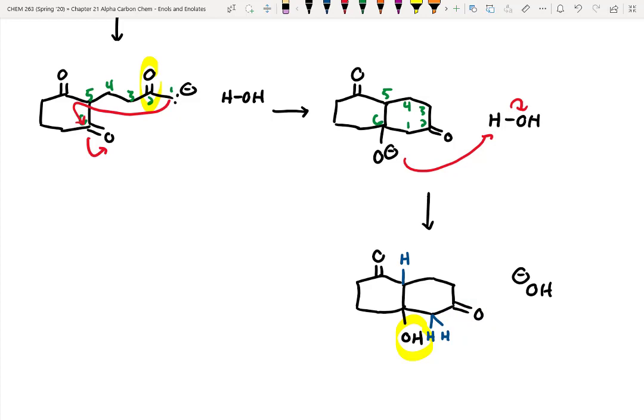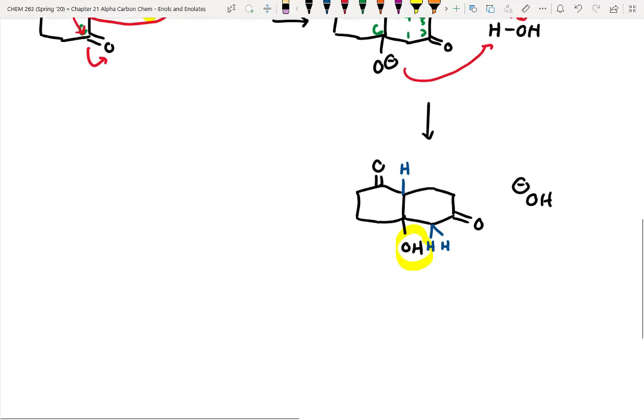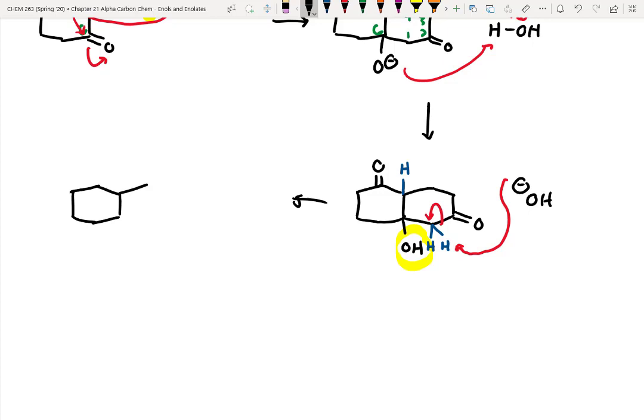And I'll show you a few different options here, but let's try the first option, which is, let's go grab one of these. And when we do this, we're going to make a negatively charged enolate.